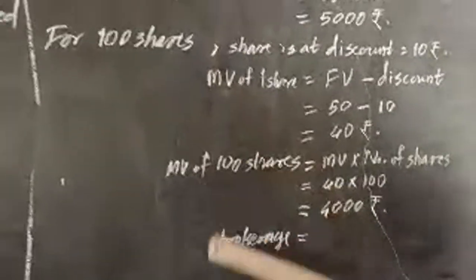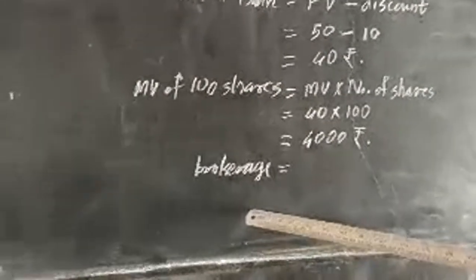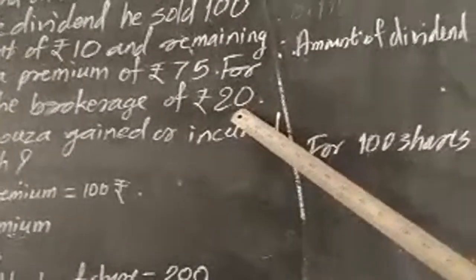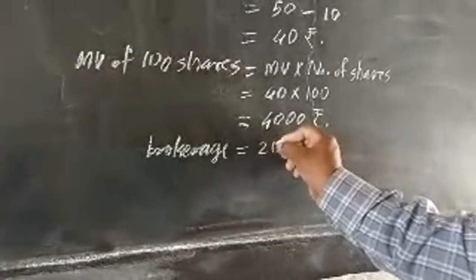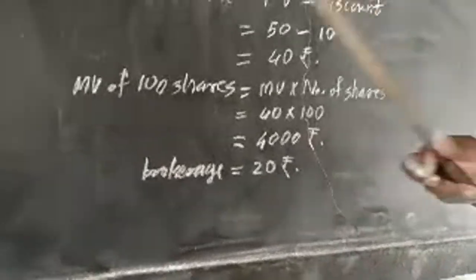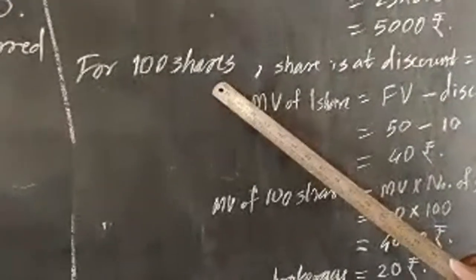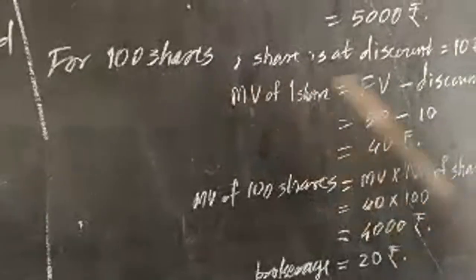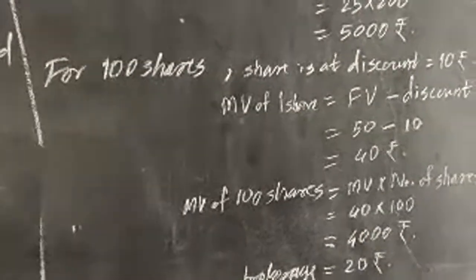First trade is 100 shares. Then brokerage we also write here. Brokerage is given as how many rupees? 20 rupees. Brokerage is equal to 20 rupees. And 100 shares are sold, for sold shares.